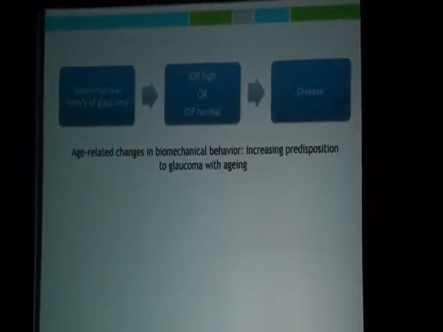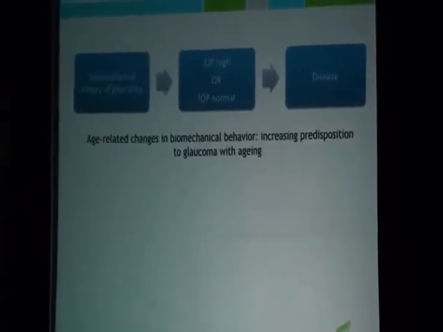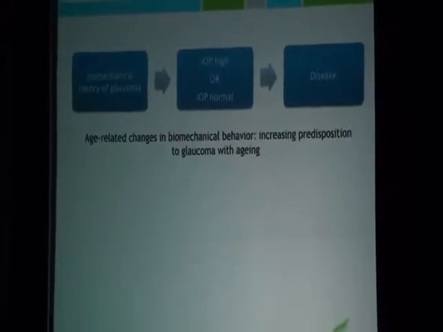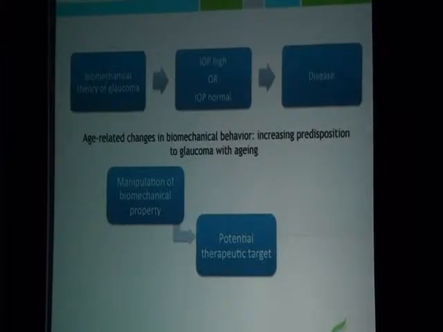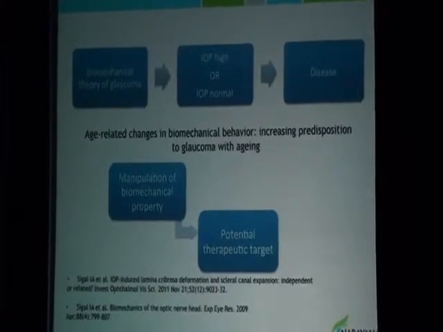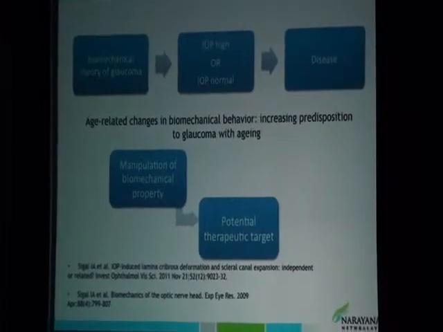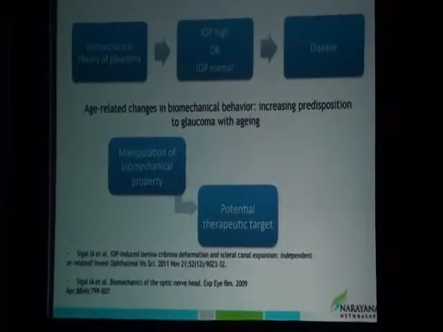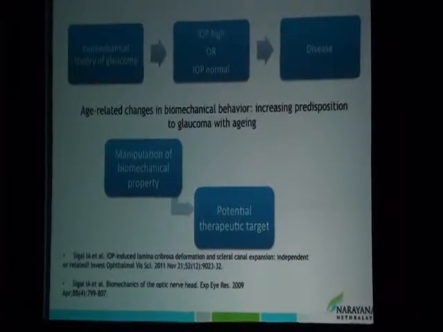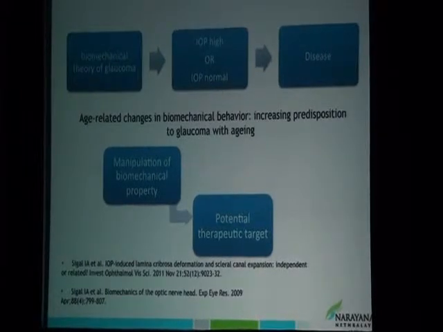Now, we also know that there is an increased predisposition to glaucoma with aging. And that could be related to age-related changes to the biomechanical behavior of the ocular tissue. So how does this information help us? Maybe at some point we will be looking at manipulation of these biomechanical properties as a potential therapeutic target to try and prevent progression, other than just monitoring and treating intraocular pressure.